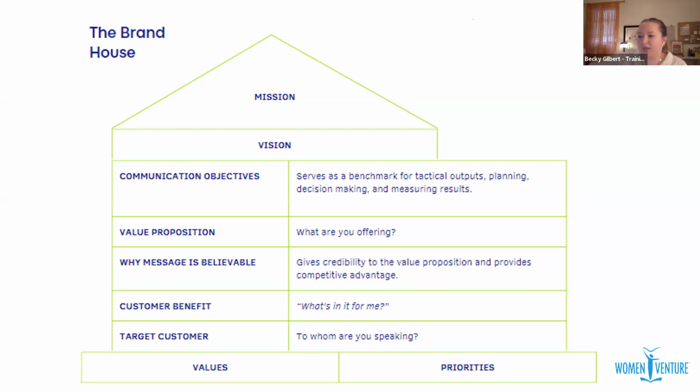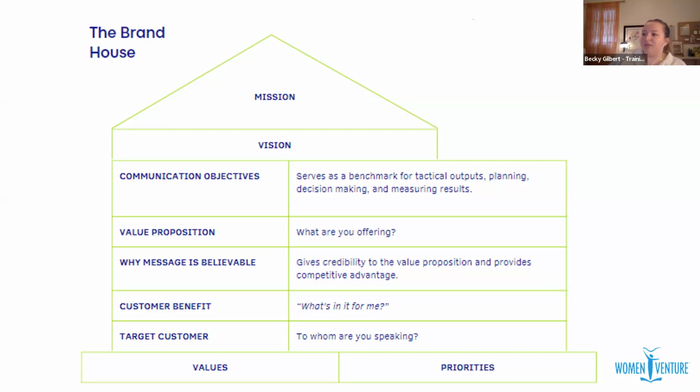And then these middle objectives include communication, your value proposition, why your message is believable, the benefit to the customer, which is really almost all that the customer cares about, and your target customer. Then the foundation of your business is your values and your priorities.